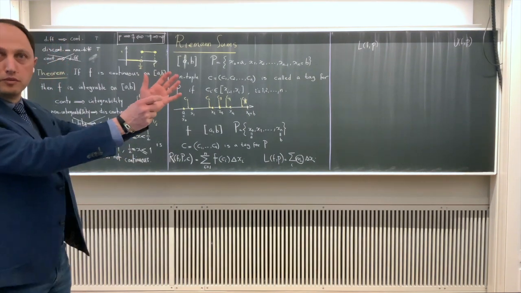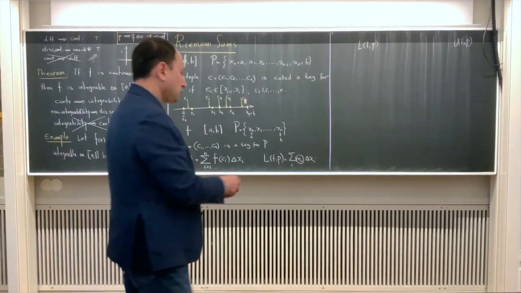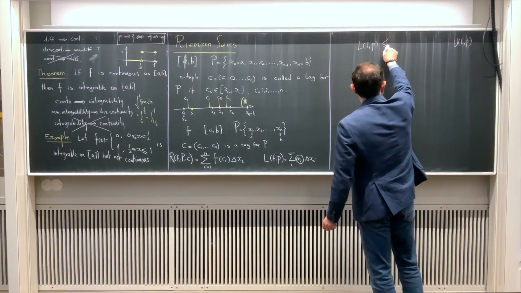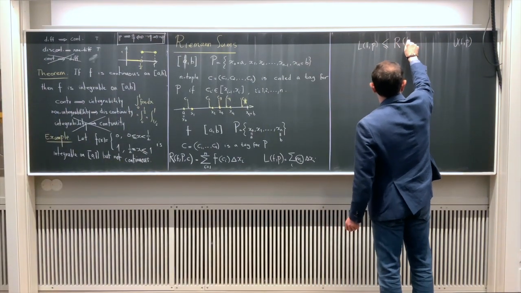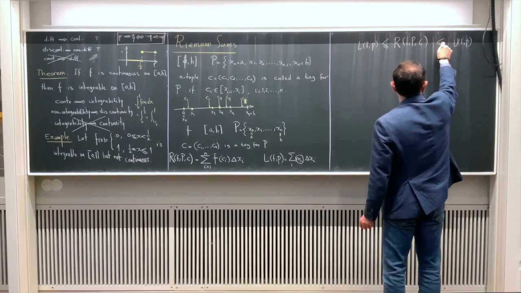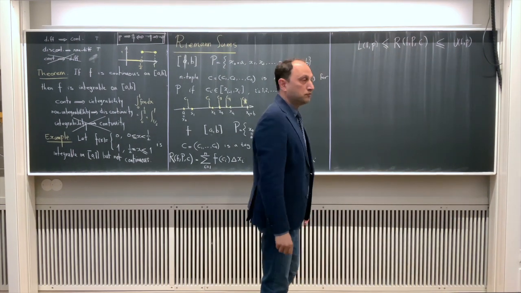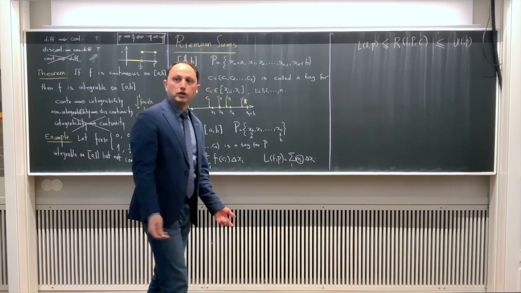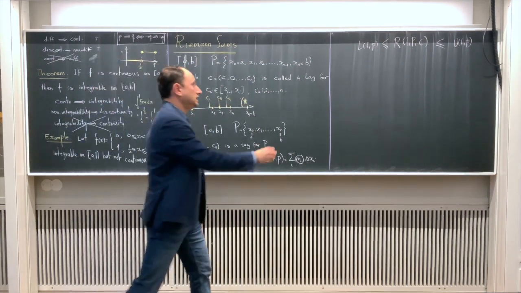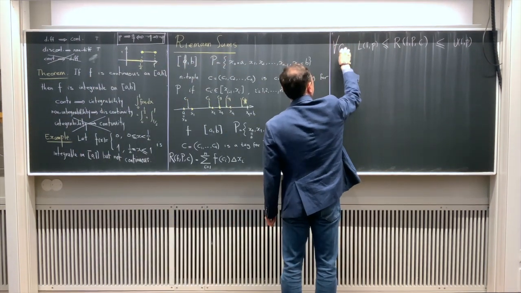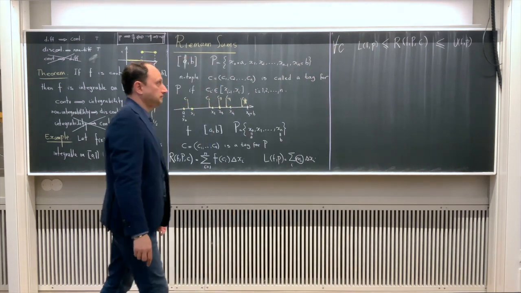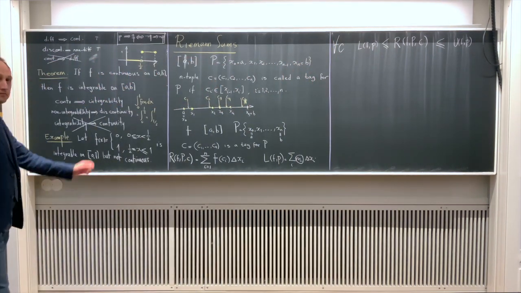Yes, exactly. It's between them. It is squeezed between them, yes? So this is definitely true. This is always the case. For which tag? For every tag. So I would say that this is always true for every tag. Yes?